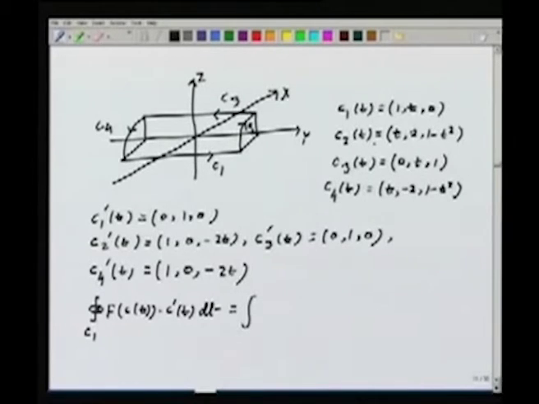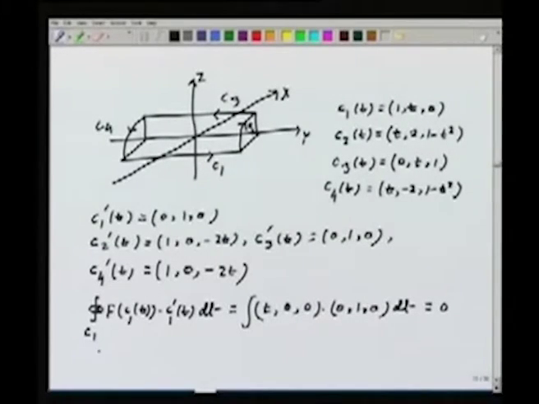F is (xy, yz, zx). Okay. So this is then (t, 0, 0) dot C1 prime t, that is (0, 1, 0) dt with some limit, but that limit I don't need to calculate because I see the dot product inside is already 0. So I get that this is 0 without even calculating the limit.